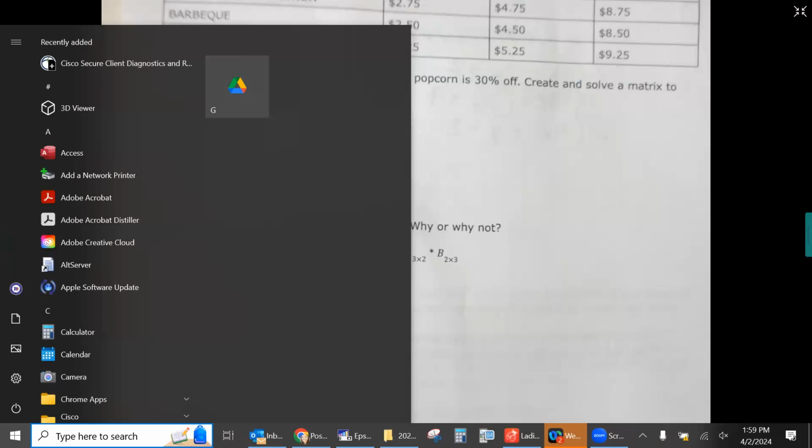So if it says to multiply, then you don't need that. The RF is only gonna go in when you have to do this. So go ahead and just push OK, and actually we're gonna need to change those. This one is a 3 by 2. We change that to be a 3 first and a 2 second. We can delete the RF later. Okay, so then go down to OK. And then go ahead and put your numbers in, and then before you push enter, go all the way back to your RF and just delete it out.